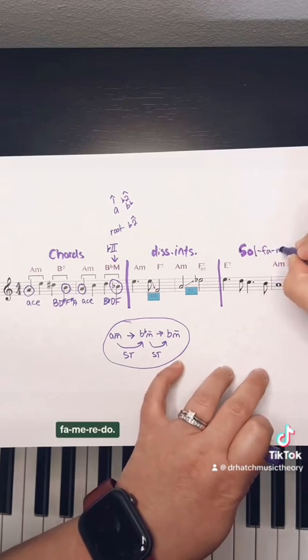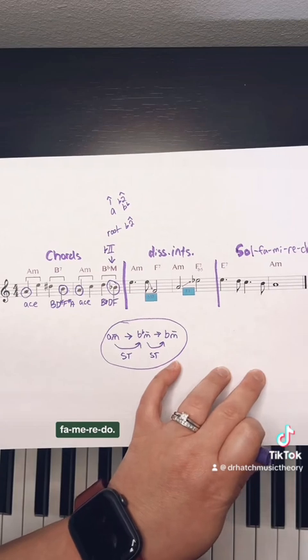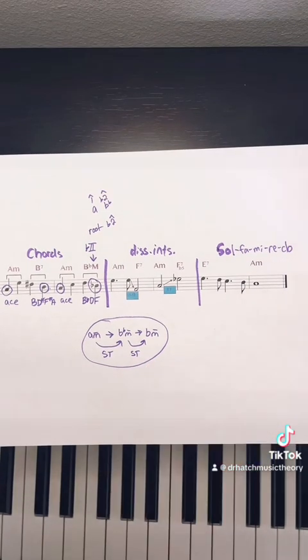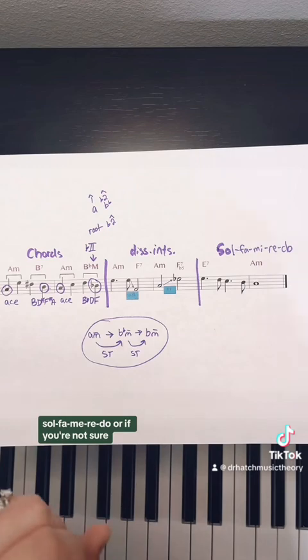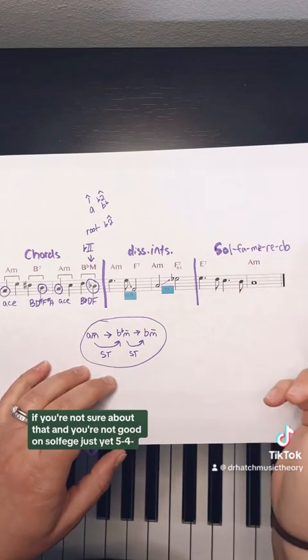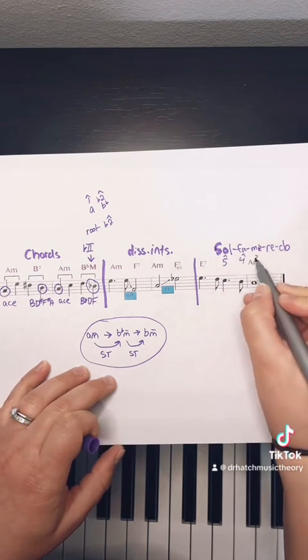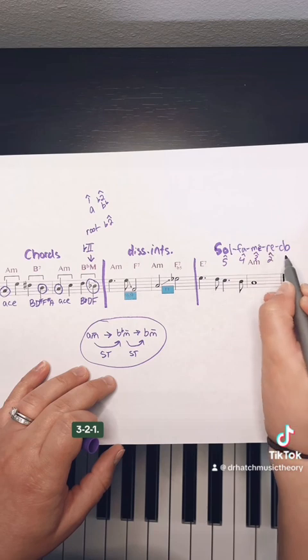sol, fa, mi, re, do. Sol, fa, mi, re, do. If you're not good on solfege just yet, it's scale degree 5, 4, 3, 2, 1.